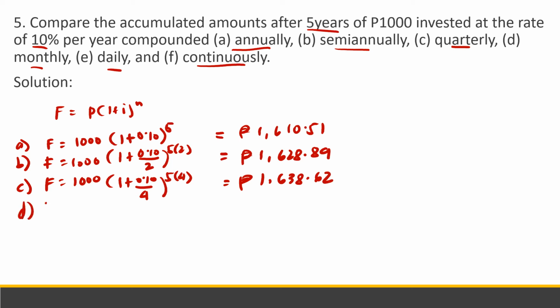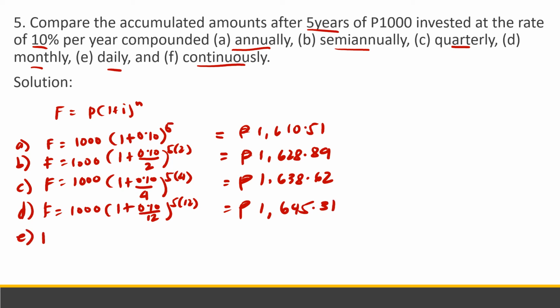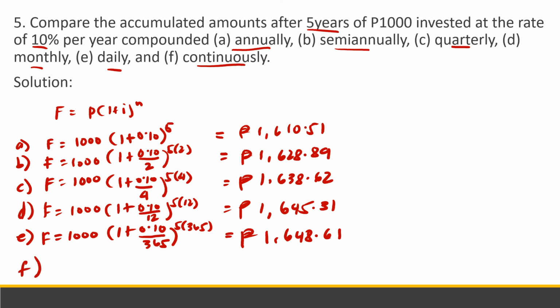And then in D, 1,000 times 1 plus, D is monthly, so 0.10 over 12, 12 months in a year, 5 times 12, equals 1,645.31. So in E naman, 1,000 multiplied by 1 plus 10% over 365. So in 1 year there are 365 days, 5 times 365. So this is equal to 1,648.61.